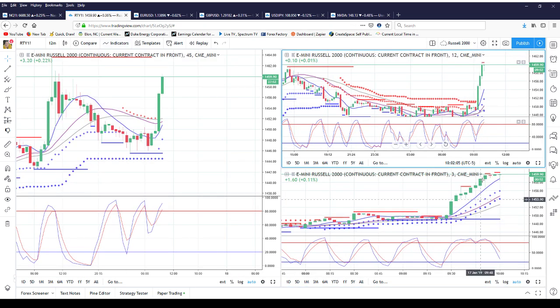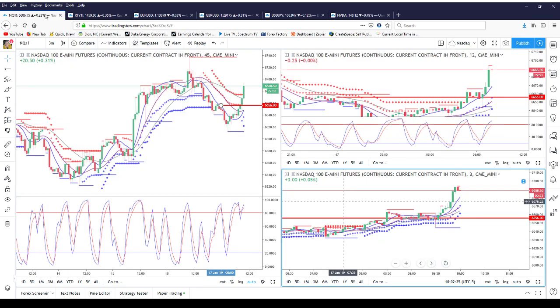You may be able to get one better on the Russell. Yeah, on the Russell you could go out one strike for $35 versus the NASDAQ, which you're having to go out like 3 strikes.